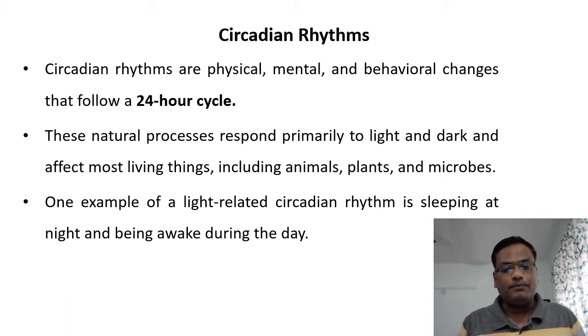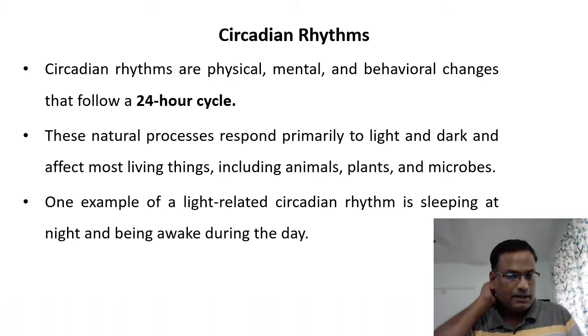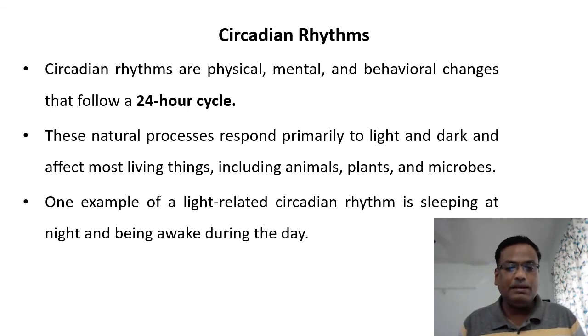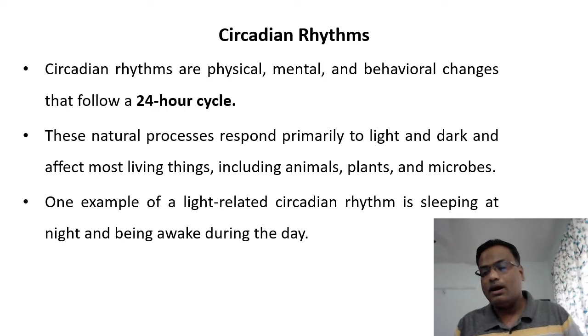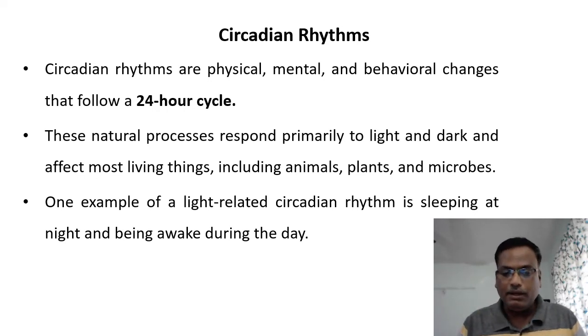One example of a light related circadian rhythm is sleeping at night and being awake during the day. When the sun rises, we also get up. With the sun moving upwards and more light coming, we start doing our activity.